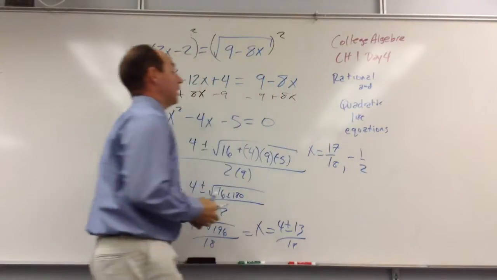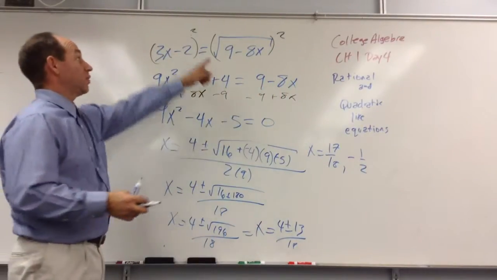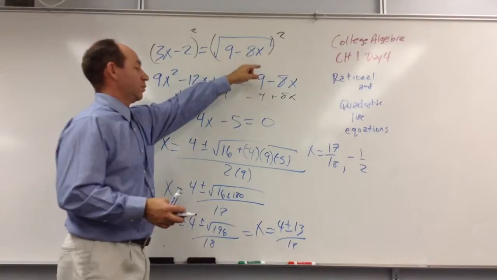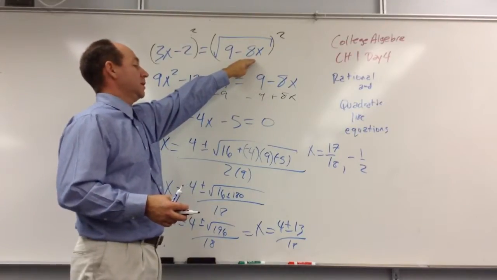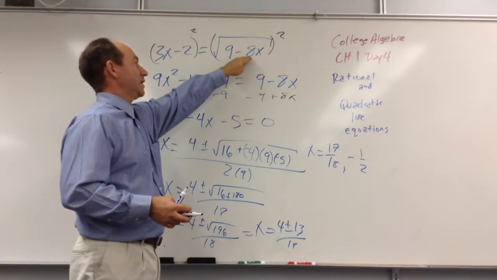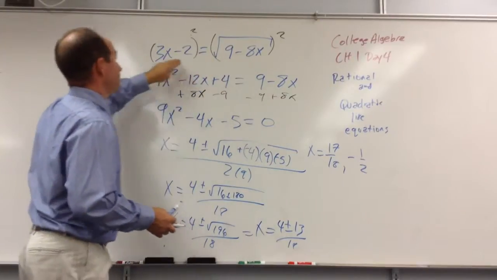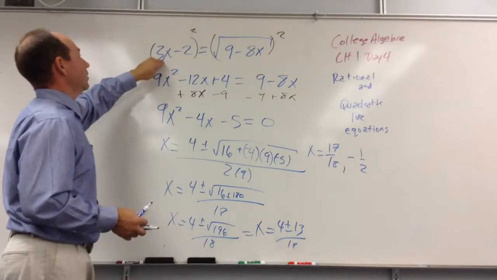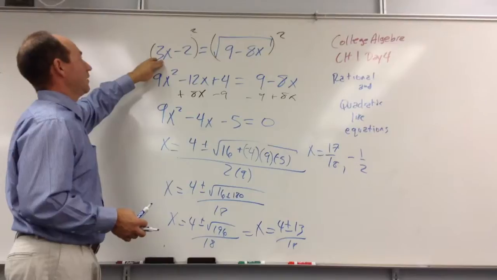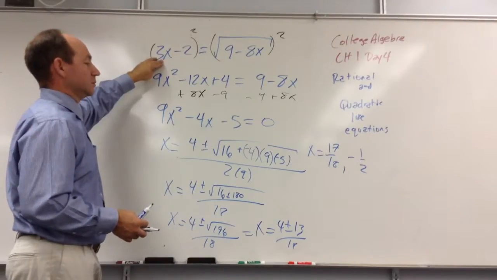Now, those are our possible answers. We need to go back here and check to see if that will work. Negative 1/2 gives me a positive 8. 9 plus 8 is 17, so the square root of 17. Then negative 1/2 here gives negative 3/2, and we subtract 2.